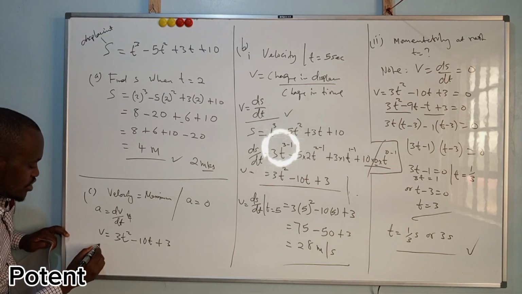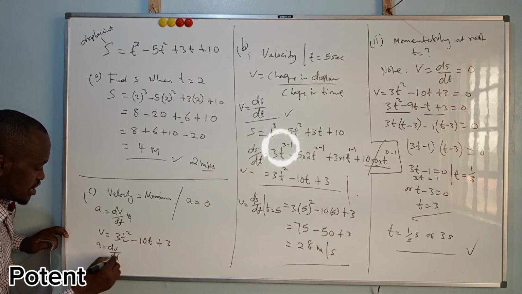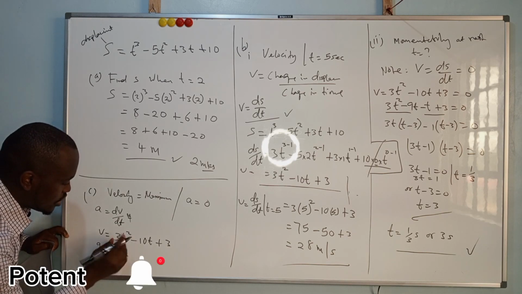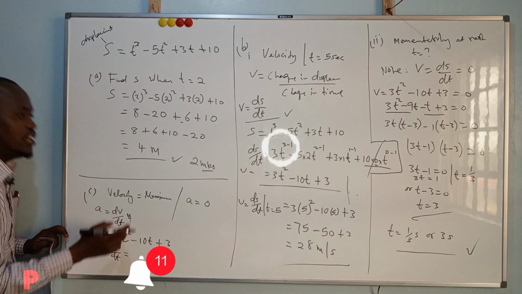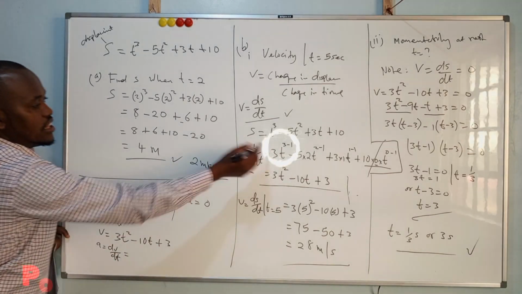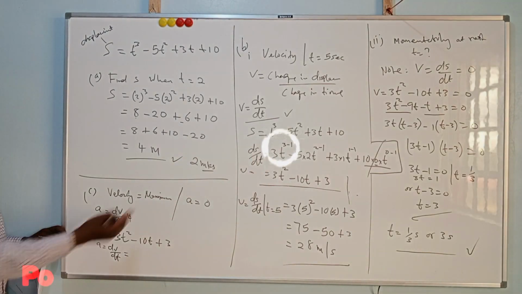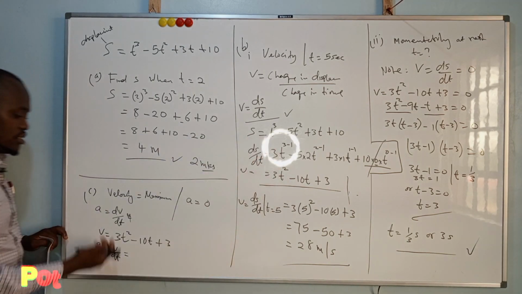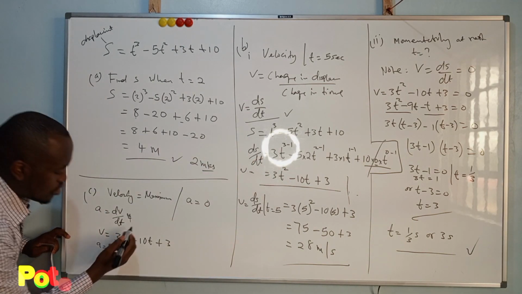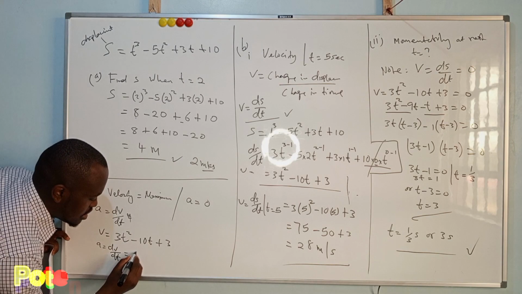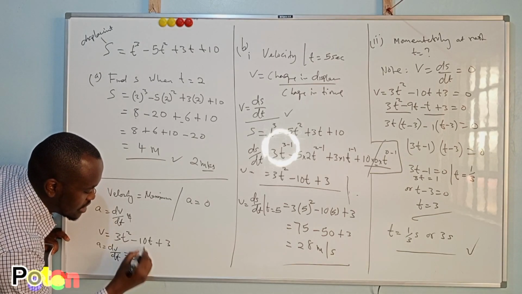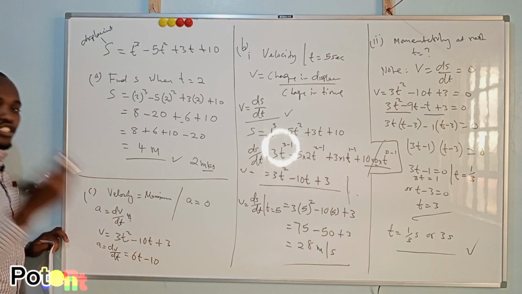So acceleration equals change in v over change in t, you differentiate again. As we said, if you are good in differentiation, you don't need to write that you have subtracted 1 here. So 2 times 3 is 6t, minus 10 t raised to 0.